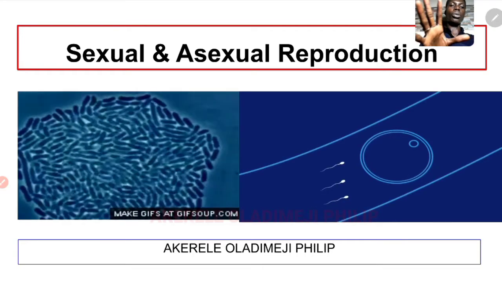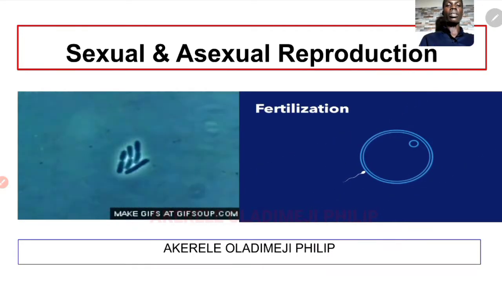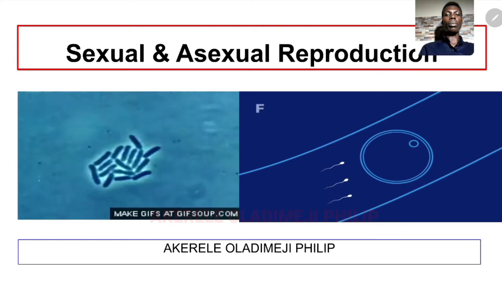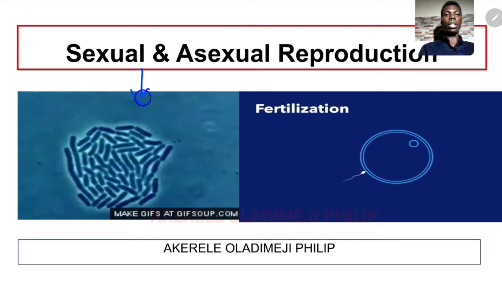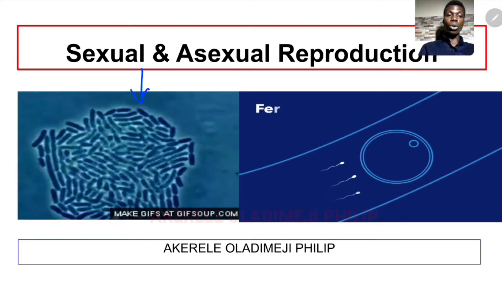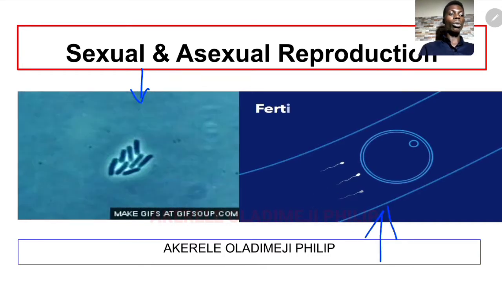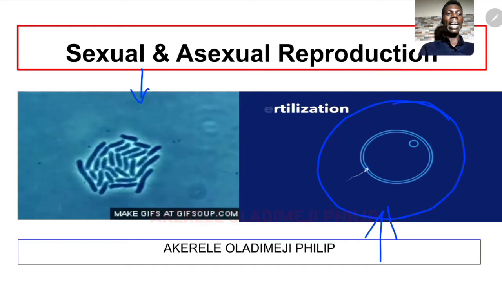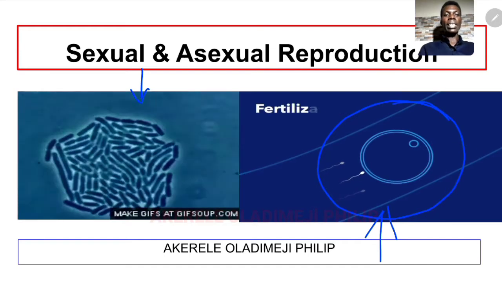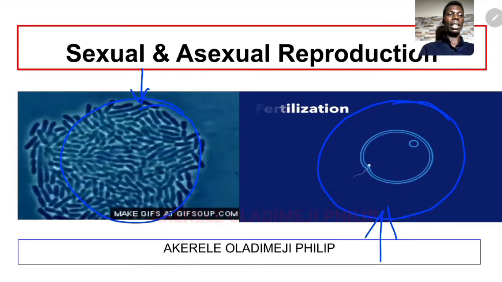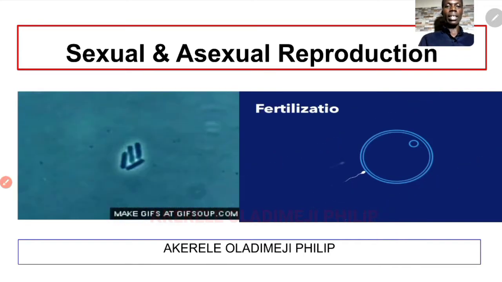The one on the right talks about living things. This one here talks about organisms reproducing asexually, and this other one around here talks about sperm and egg fusing together, and these are bacterial cells reproducing basically. So let's get started proper.